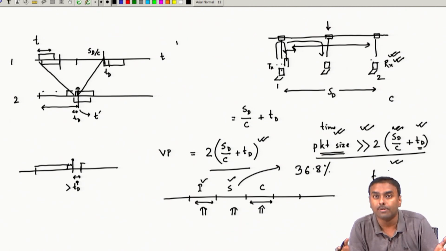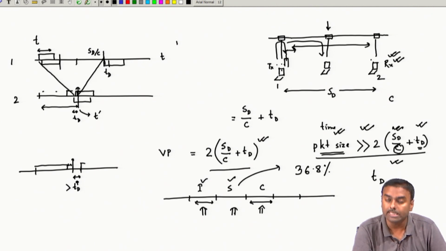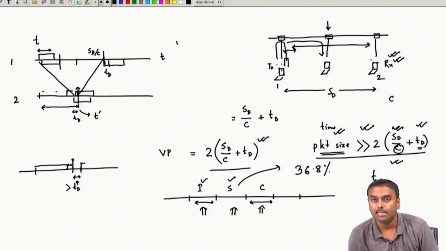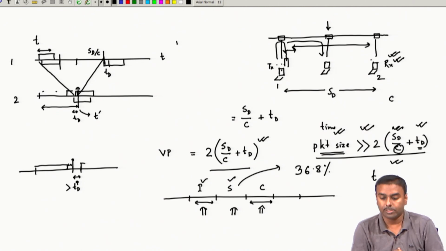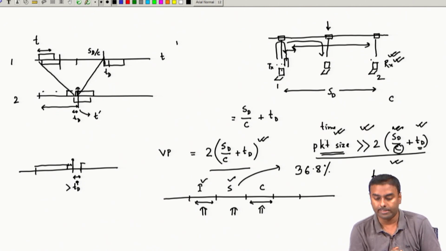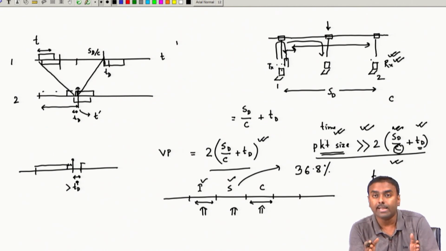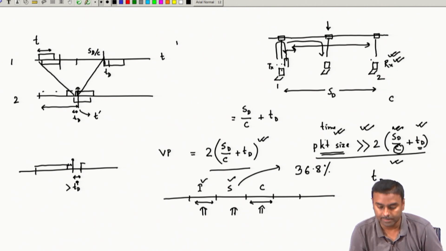If I take that as 500 meters, accordingly I know this parameter C and this TD parameter, and I will be able to calculate the minimal packet size. That is what people have done already. So, that is why you will see a minimum packet size always specified.